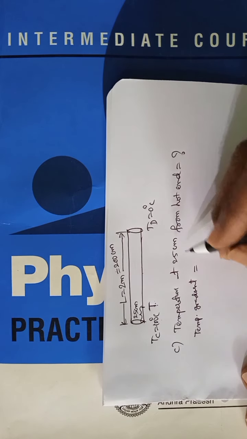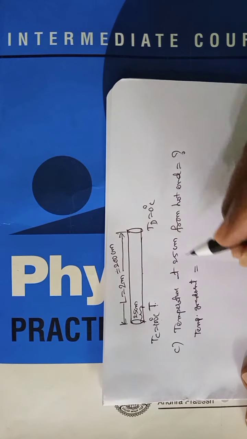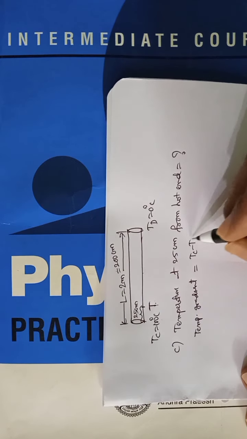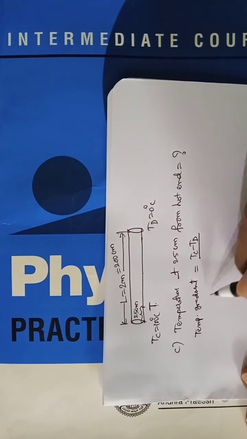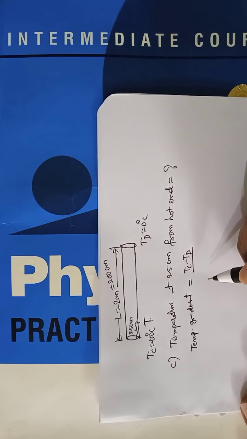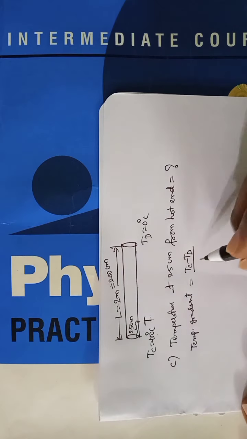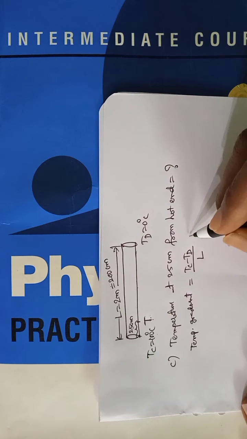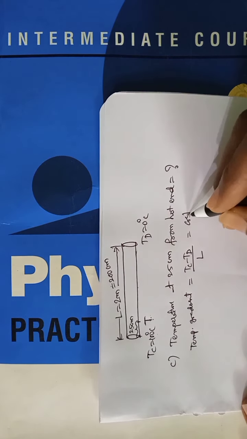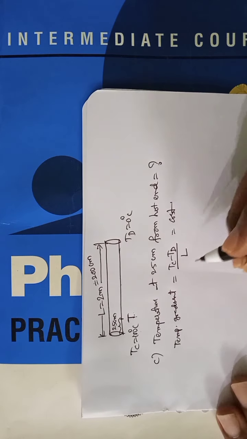Temperature gradient, Tc minus Td. Temperature gradient means change in temperature with length. Tc minus Td by L. This is constant.